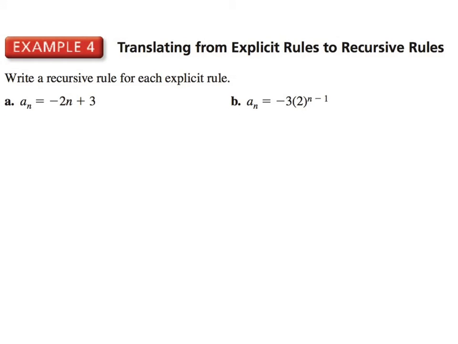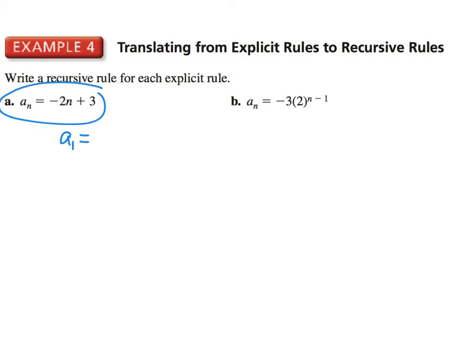In example 4, we're going to go the opposite way. I want to write a recursive rule from each explicit rule. This is where you actually have to plug in some values, but you have to get your sequence from this. And so all you do is, to find the first term, we plug in a sub 1.